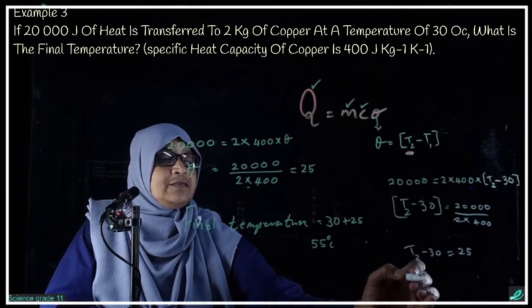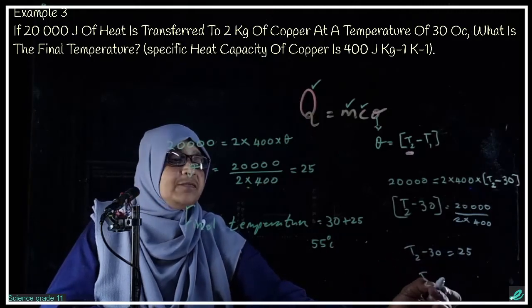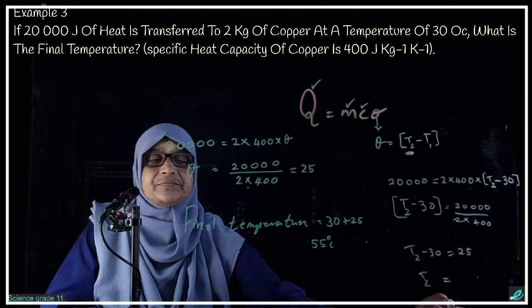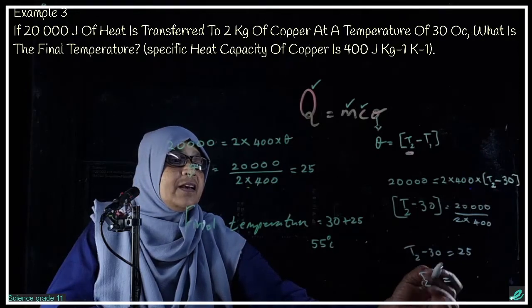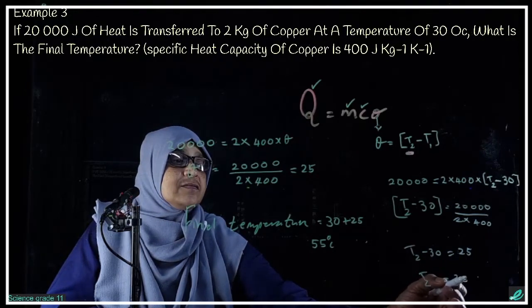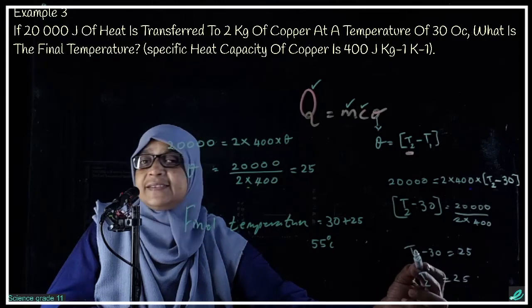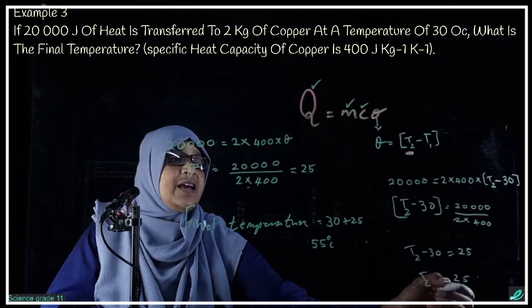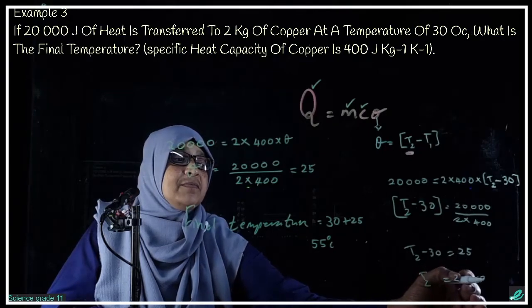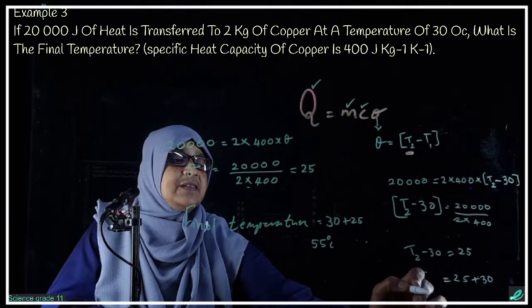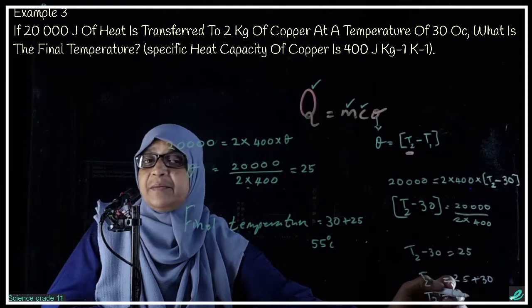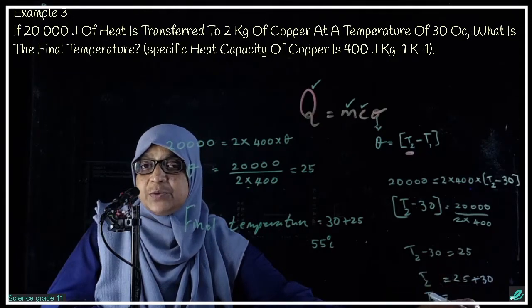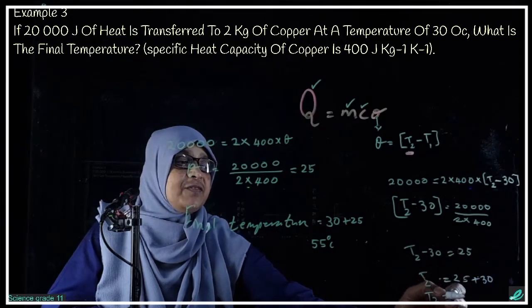Then for this T2, this minus 30 brought to this side becomes plus 30. Then the final temperature T2 is 55.